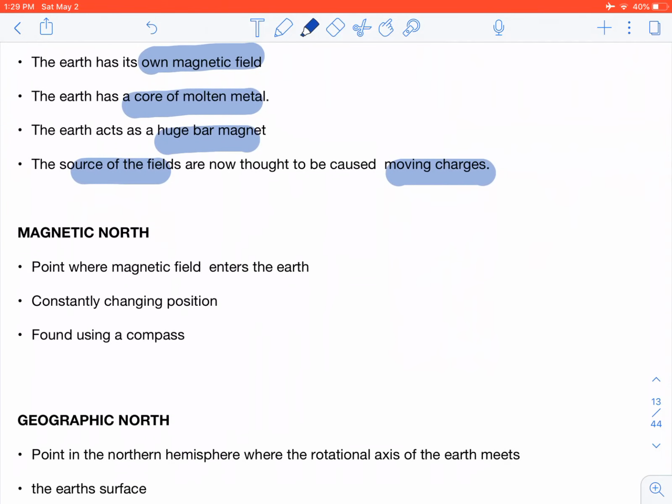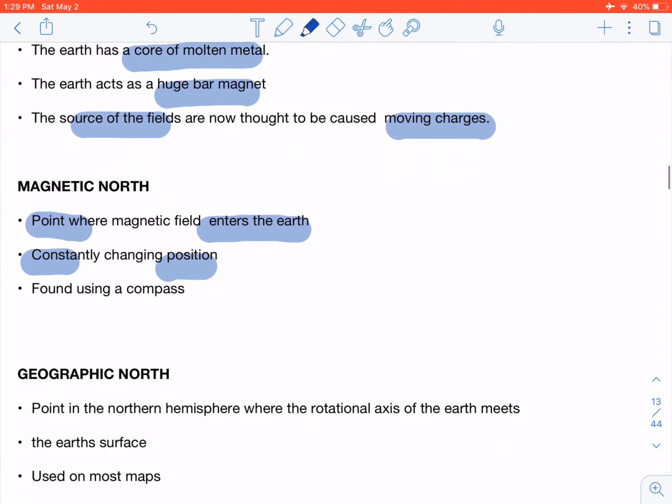So, magnetic north is a point where the magnetic field enters the Earth. And the magnetic north is constantly changing, depending on the location, because the activity in the core of the Earth is changing. The magnetic north is actually found by using a compass.